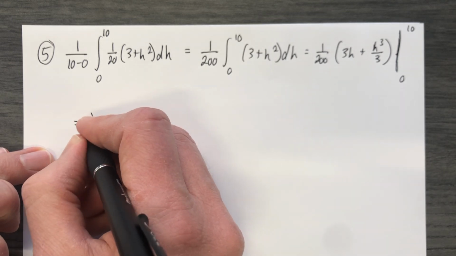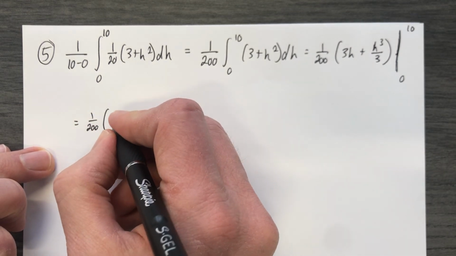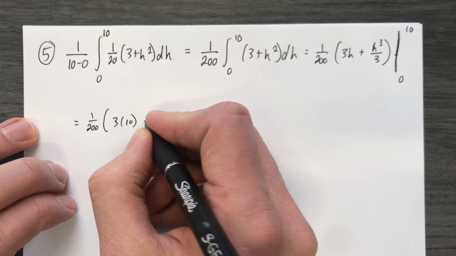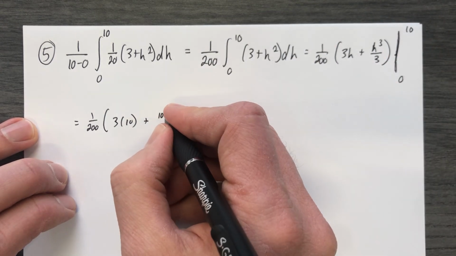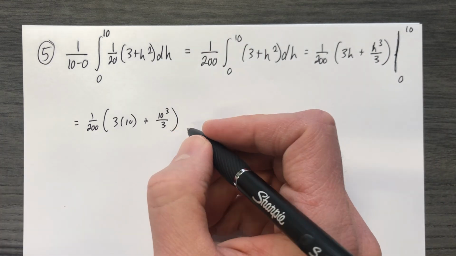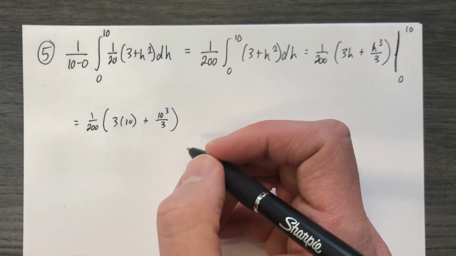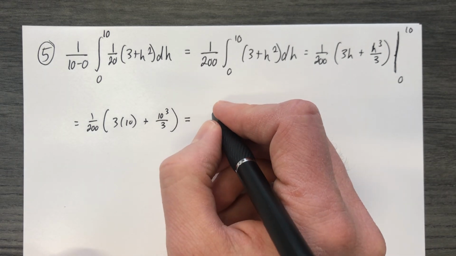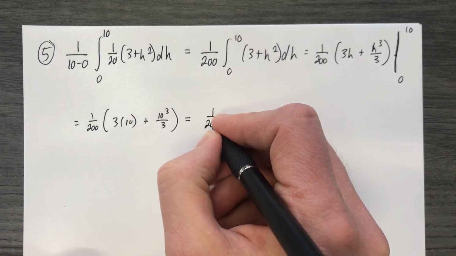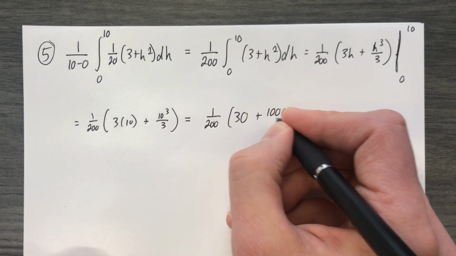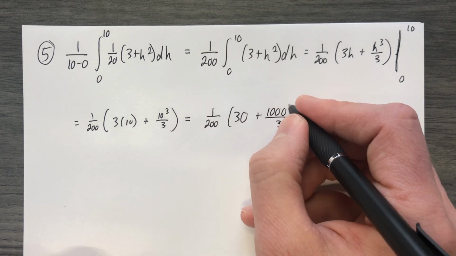So we're going to have 1 over 200, and then 3 times 10 plus 10 cubed over 3, and then minus 0. You can put the minus 0 if you want to. The answer key does have that. I'm going to leave it off because it just goes away anyway. So equals 1 over 200 times 30 plus 1,000 over 3.